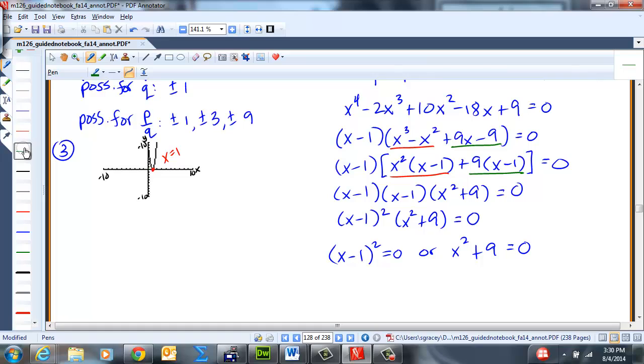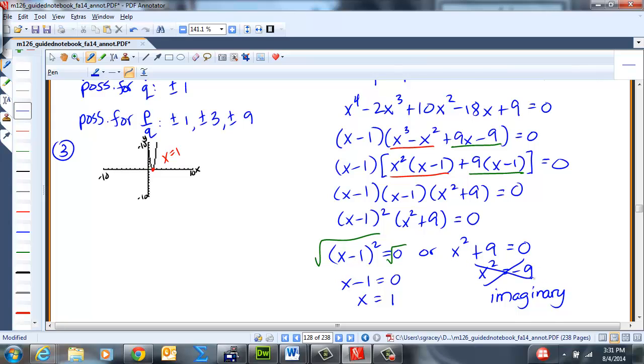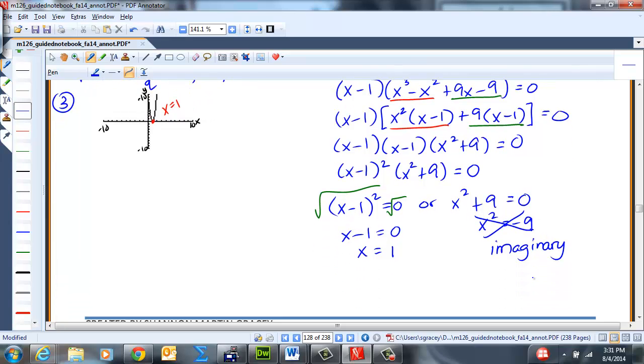So here, if you square root both sides, you would get x minus 1 is plus or minus 0, which is just 0, and x would equal 1. And over here, x squared is negative 9. This is imaginary. We're looking for real solutions, so we're not going to worry about that right now. So the real solution is x equal to 1.